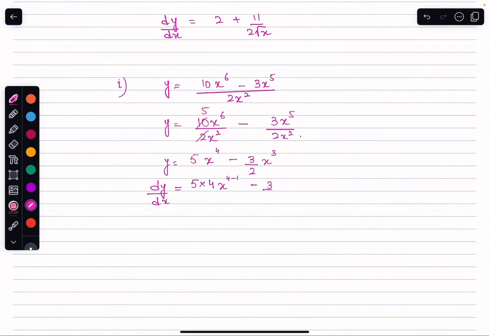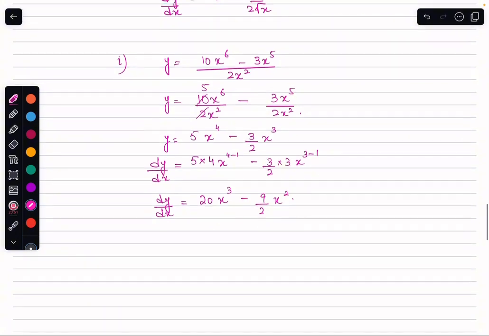Here again it should be minus 3 by 2 into 3, and then to the power subtract a 1. So my derivative dy by dx becomes 20x cubed minus 9 by 2 x squared. So this is going to be the derivative of this equation y in terms of x here.